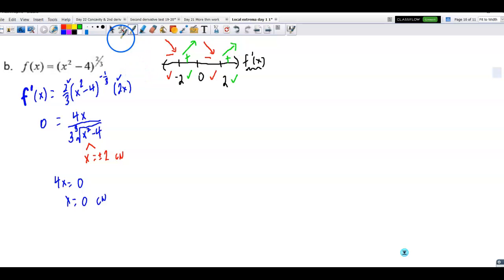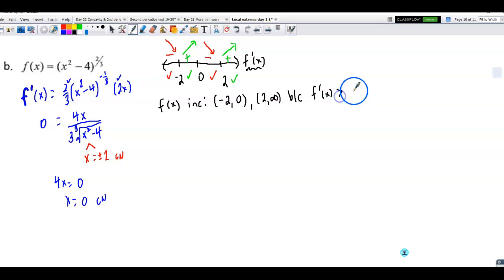Now, I'll go ahead and write these up. I would say that f of x, the original function, it's always about the original function, is increasing on the interval from negative 2 to 0 and the interval from 2 to infinity, because the first derivative is greater than 0.